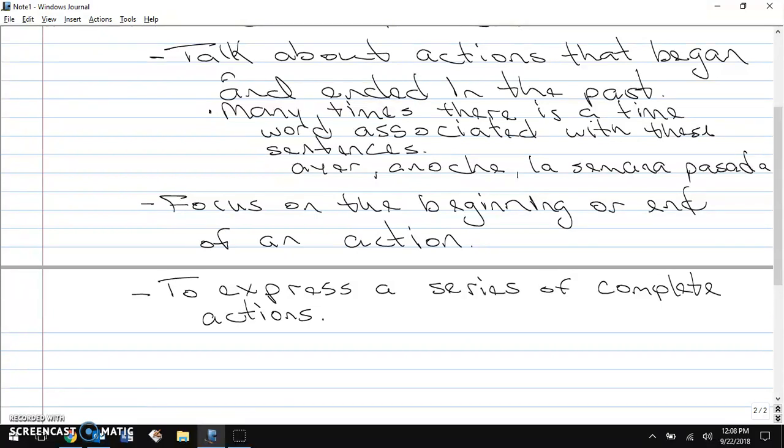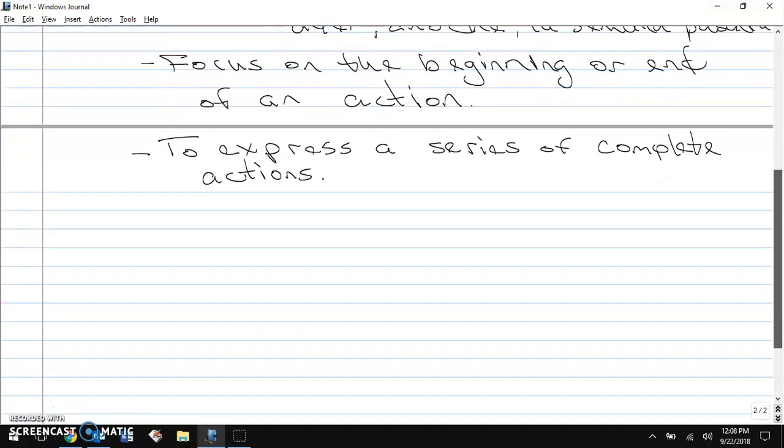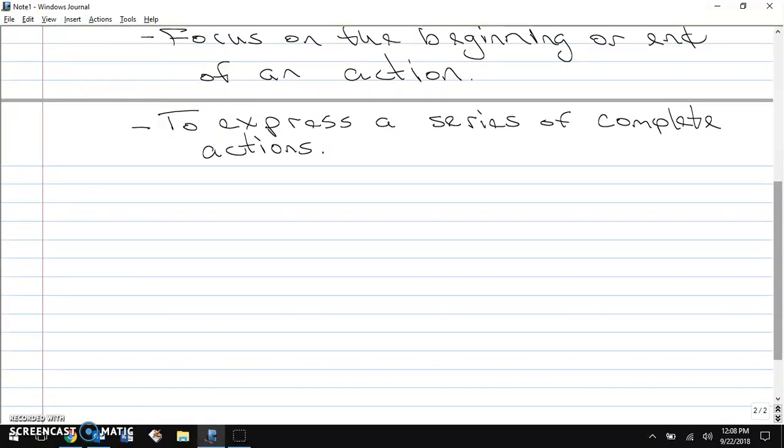And then there are a couple more things about it, but we'll get into that when we start doing preterite versus imperfect. We don't necessarily need to mess with that right now.